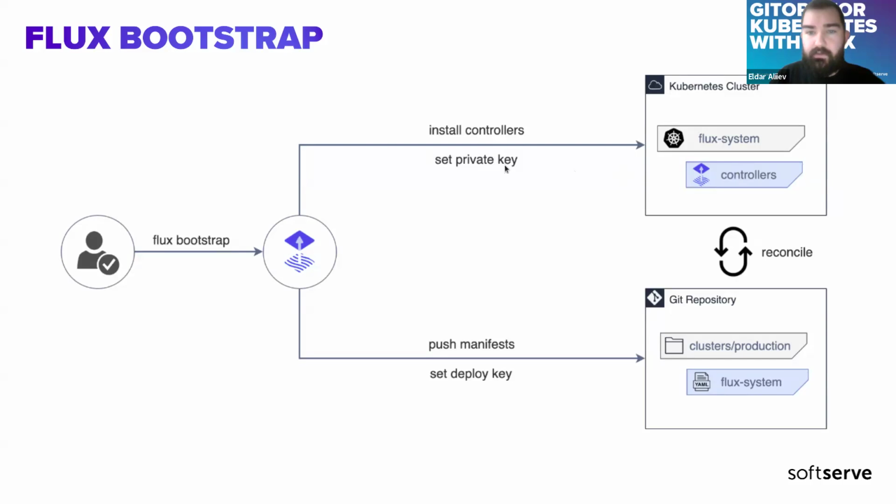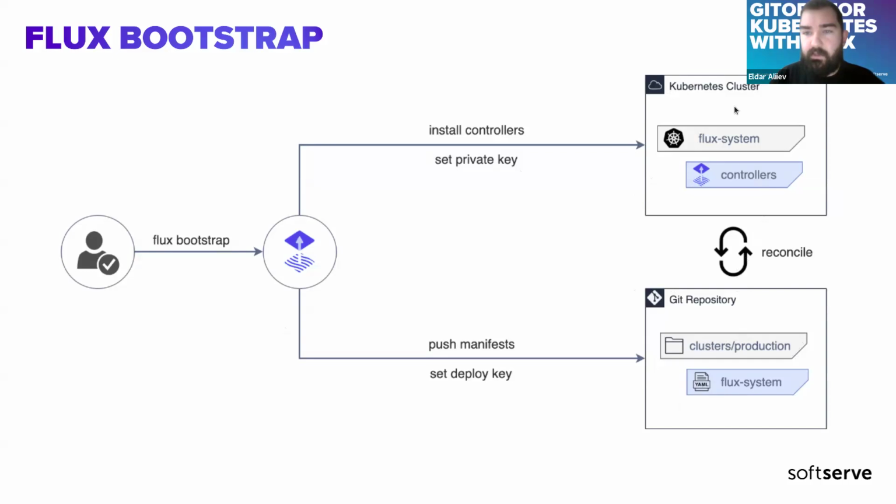After this, the source controller, for example, will be able to reconcile the Git repository and have a fresh version of the manifests and of Flux itself from the Git repo. After that, the first stage is not applicable anymore. This is the second stage.